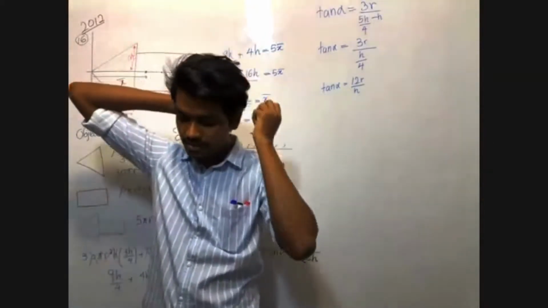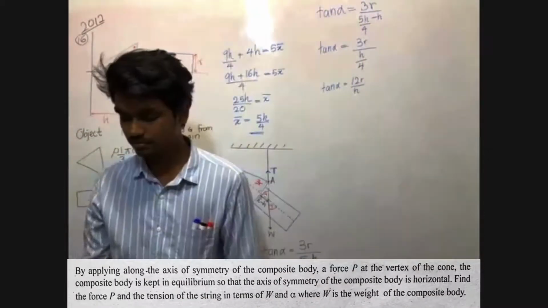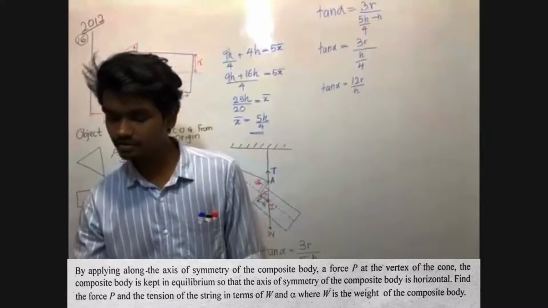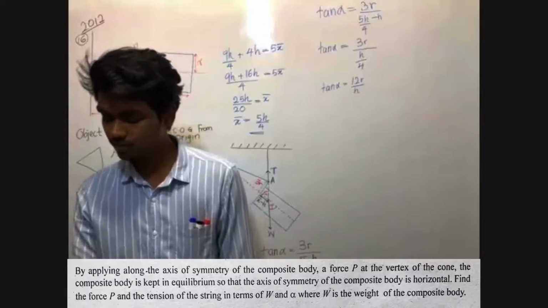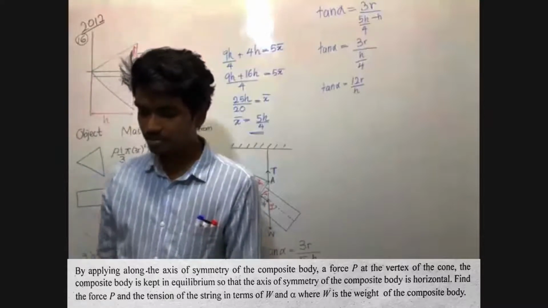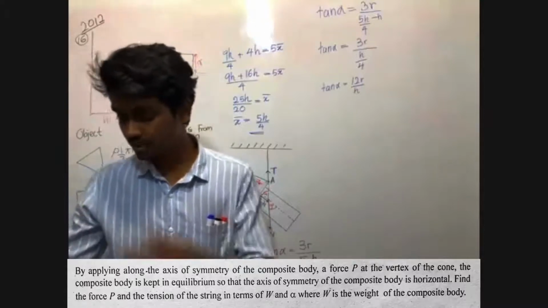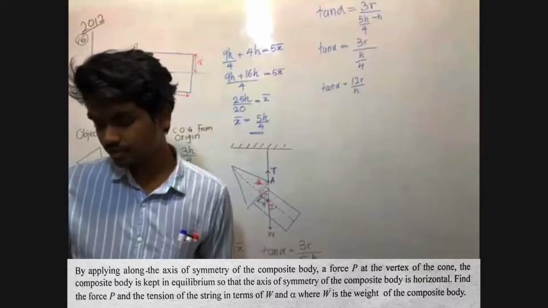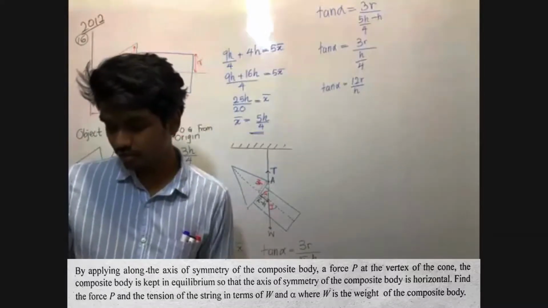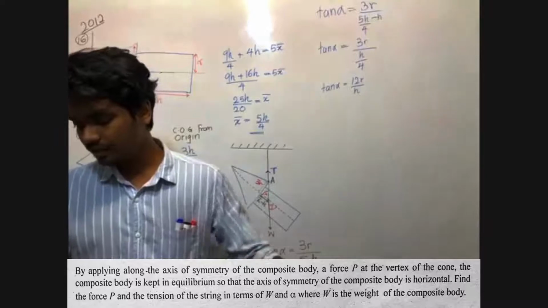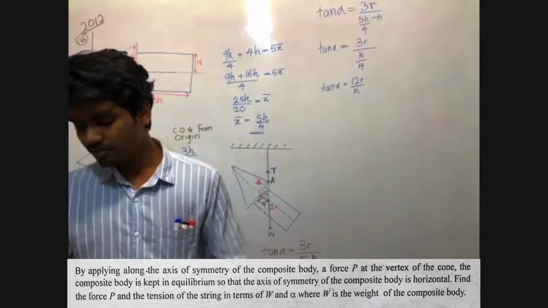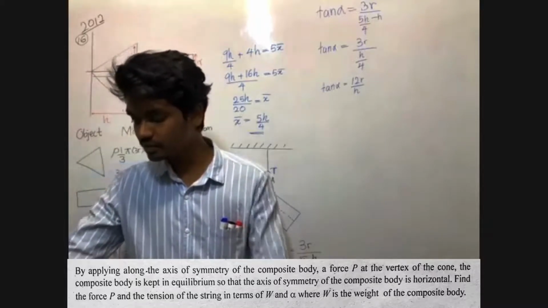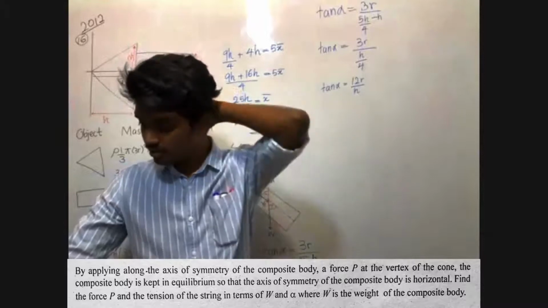And then they are still asking: by applying along the x-axis of symmetry of the composite body a force P at the vertex, the composite body is kept in equilibrium so that the axis of symmetry of the composite body is horizontal.